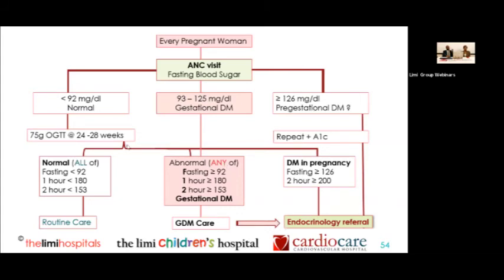And for people who, during an OGTT, don't just exceed the diagnostic criteria for gestational DM but meet the diagnostic criteria for DM, that's a fasting of greater than 126 or a 2-hour post-OGTT of greater than 200, that is pre-gestational diabetes in pregnancy. Of course, people who have GDM or pre-gestational DM should have the full standard care for diabetes in pregnancy, including endocrinology and a multi-specialty referral to optimize their outcome.